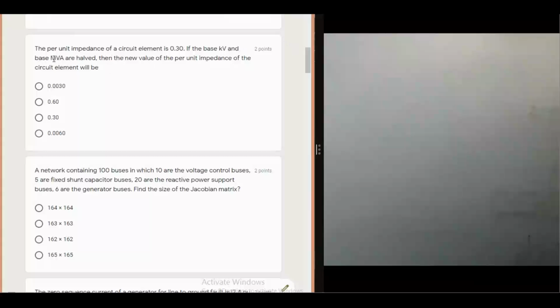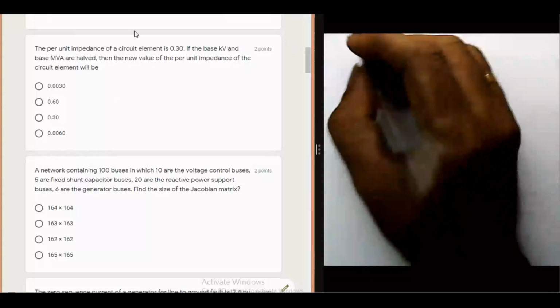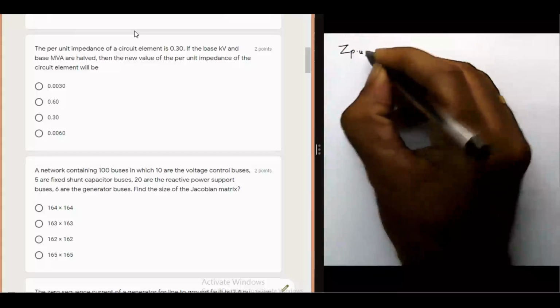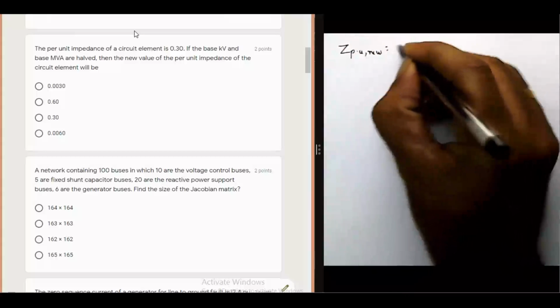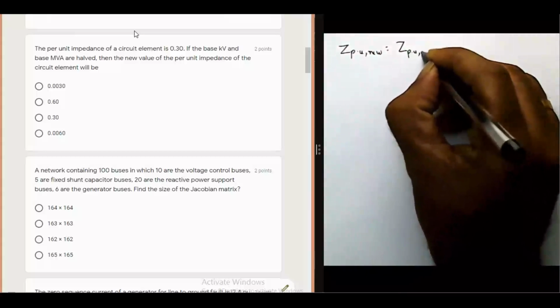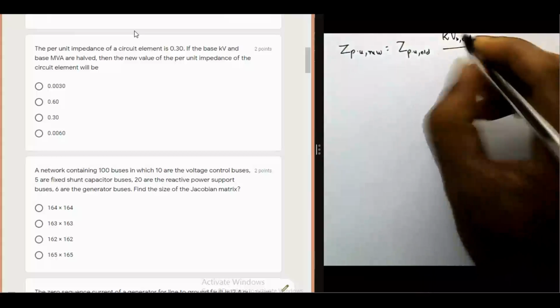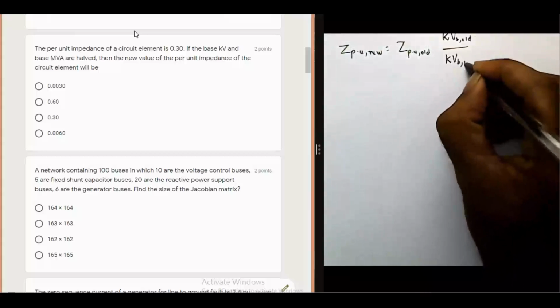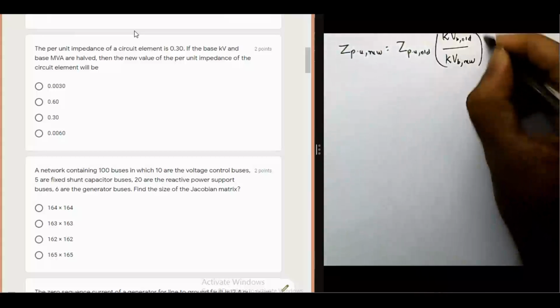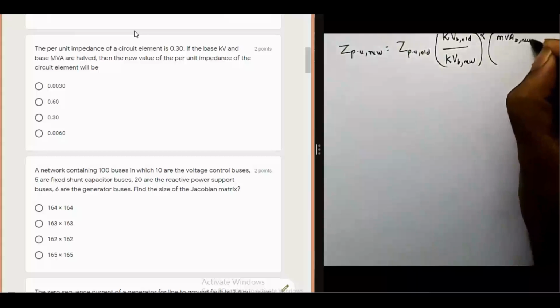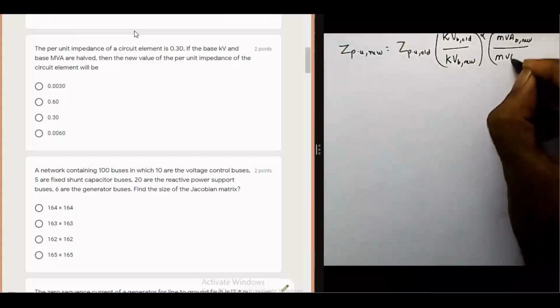Both values are half of the actual value. This problem can be solved by using the change of base formula. Z per unit new is equal to Z per unit old into kVb old divided by kVb new, the whole square, into MVAb new divided by MVAb old.